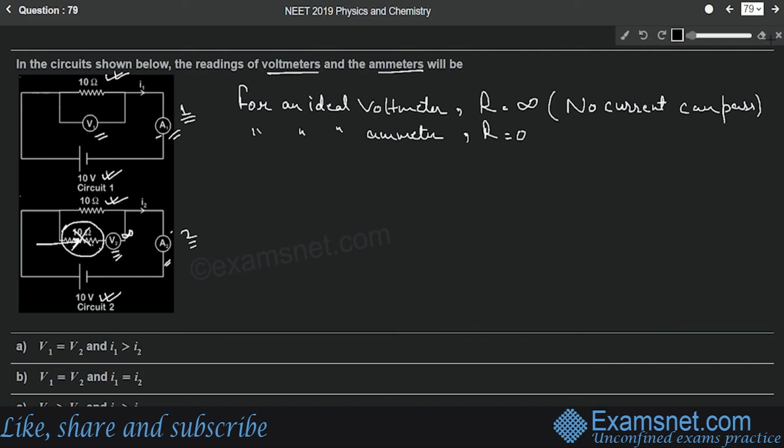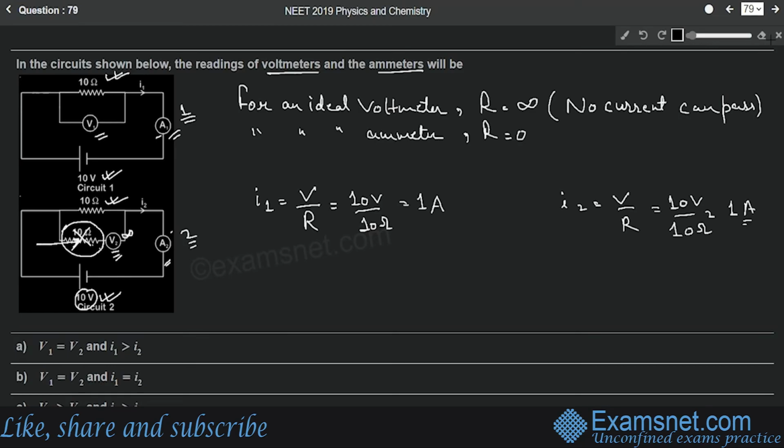So let's find the currents I1 and I2. I1 will be the potential difference divided by resistance. V is 10 volt and the resistance is 10 ohm, so the current will be 1 ampere. Similarly, I2 will be V by R. Here also V is 10 volt and the resistance is 10 ohm, so 1 ampere current is there, because both are now the same. The potential difference will also be the same.